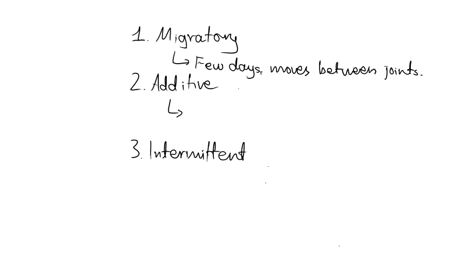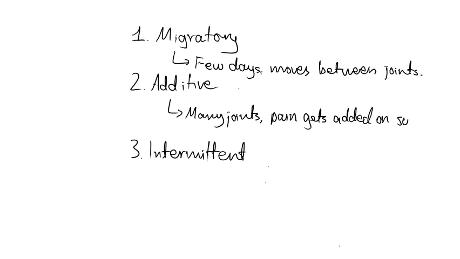Now, additive pain is when there is pain in more than one joint, and as the pain spreads between the joints, the pain adds up on itself. So the clear difference between migratory pain and additive pain is that additive pain is present on many joints, and the pain gets added on subsequent joints.